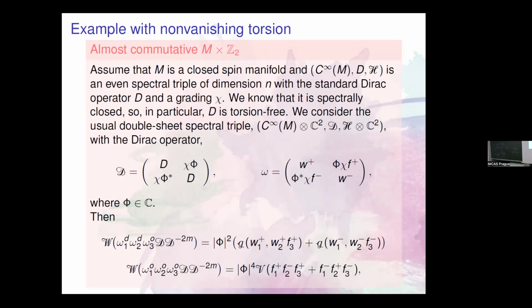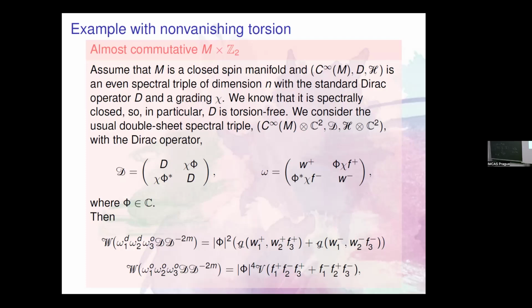The Dirac operator is the standard Dirac operator with some function, which we took as constant. Chi is the chirality, and phi is just a complex constant. The algebra is just functions over the manifold and over two points, so tensor C squared. You double the Hilbert space and take the Dirac operator as a matrix.